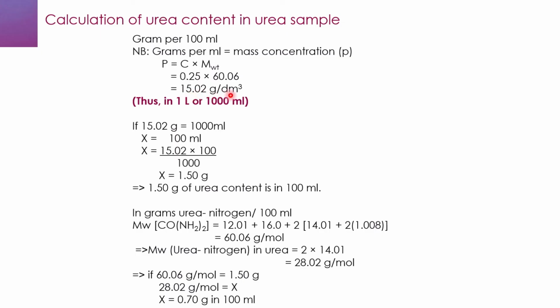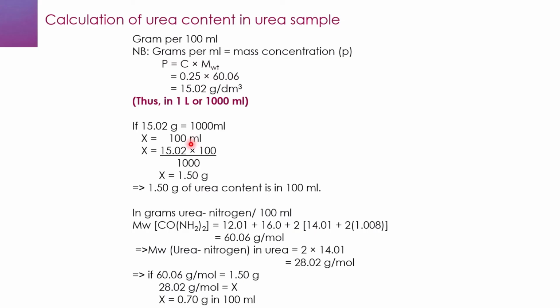And what you have to note is that mass concentration is expressed per dm cube, or let me say 1 liter or 1,000 mils. So if 15.02 grams is in 1,000 mils, how many grams of the urea will be in the 100 mils?